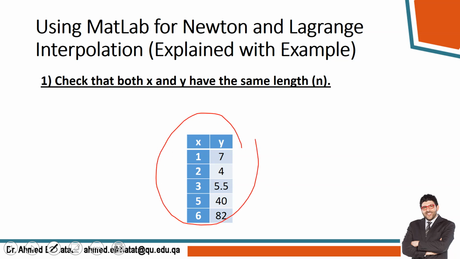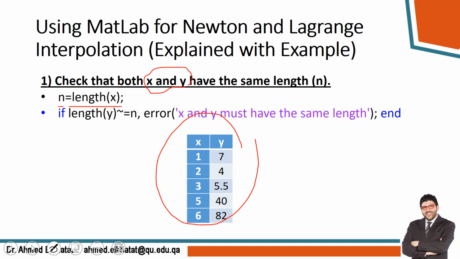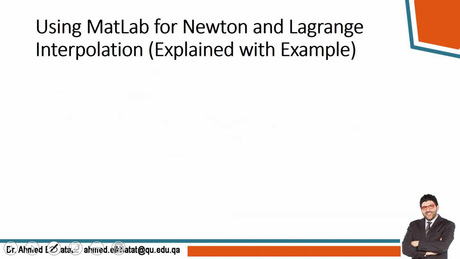So first step, we want to create code to check that x and y have the same length. We can initiate n equal to the length of x, and then if the length of y doesn't equal n, then error, and show that x and y must have the same length, end. Okay, so this is the first step.